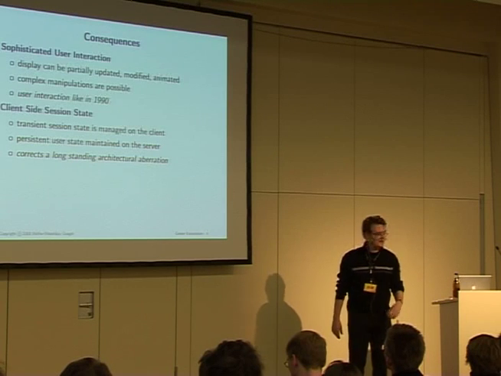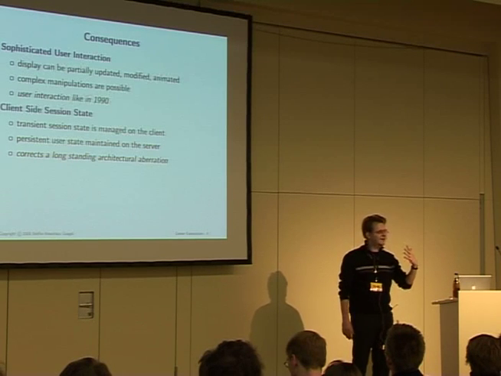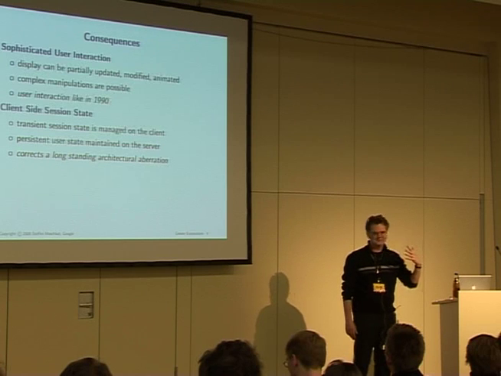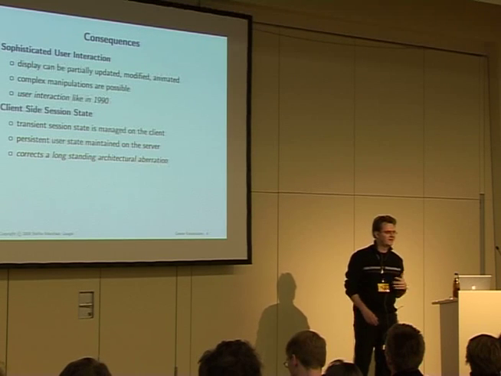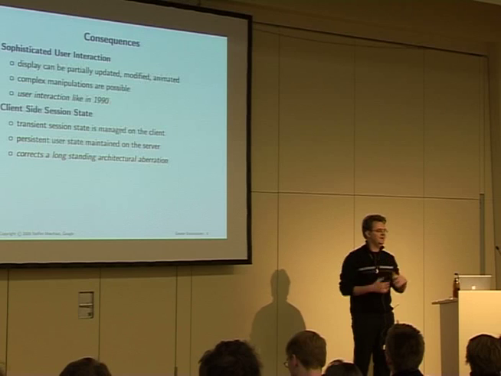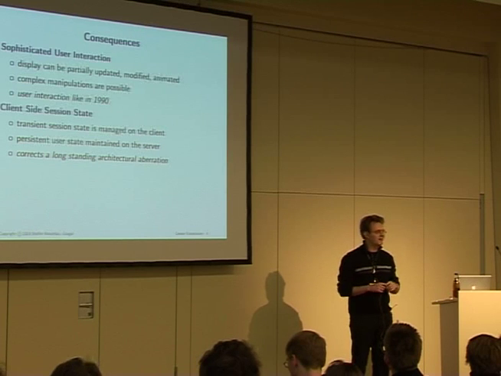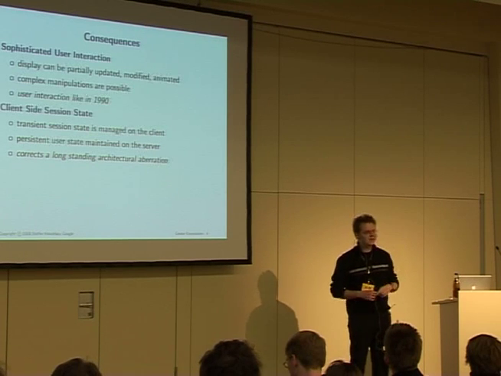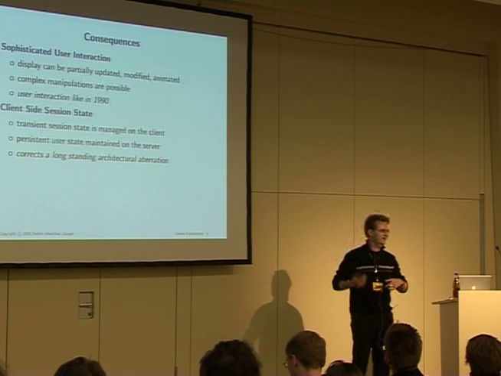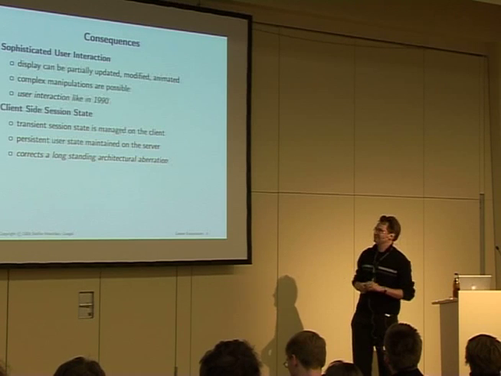So we can actually build visually appealing or smooth web applications, or web applications with a user interface that looks like user interfaces for graphical applications looked 20 years ago before the web was invented.